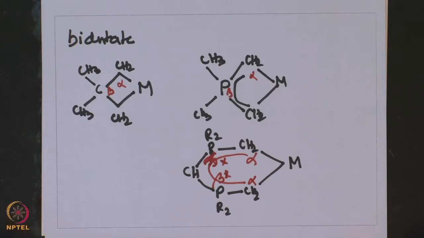So, to summarize this lecture, we have looked at various reasons which inhibit the beta hydrogen elimination reaction, and that results in extra stability to transition metal sigma organometallic complexes.